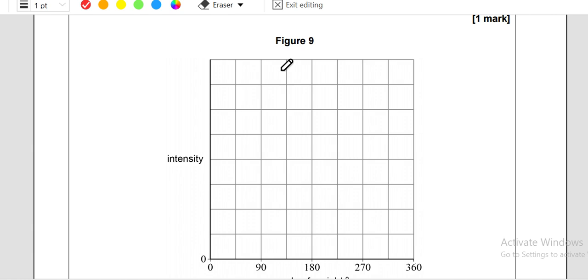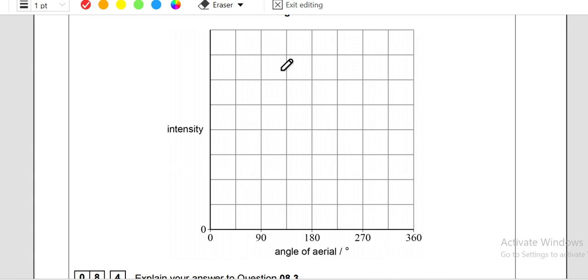So when the angle is 0, which means there is a parallel or anti-parallel orientation between the aerial and the radiation, the intensity should be maximum. And when this angle goes to 90 degrees, say the aerial is here and the waves are vertical like this, the intensity should drop to 0.